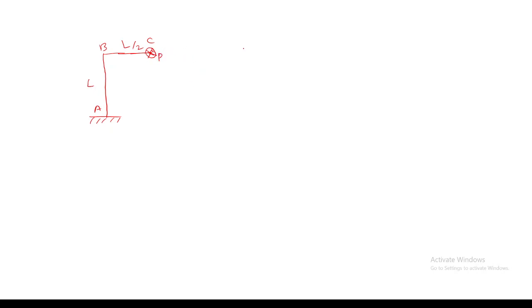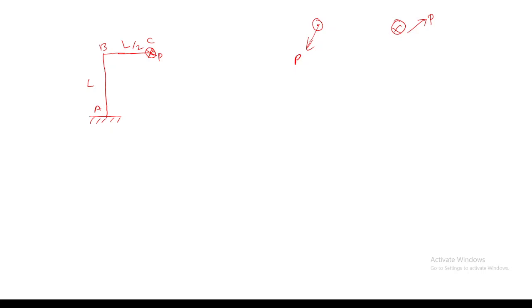What is meant by this force? If I denote a force like this, it is pointing towards you. And if I have a force like this, it is pointing away, into the screen. Let's come to the positive and negative direction later.